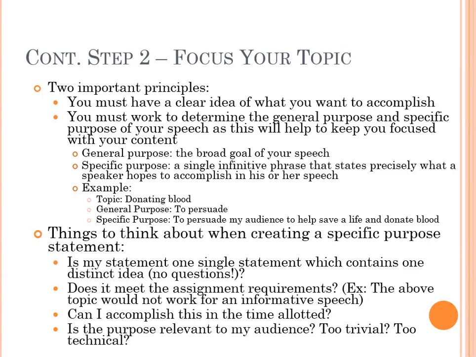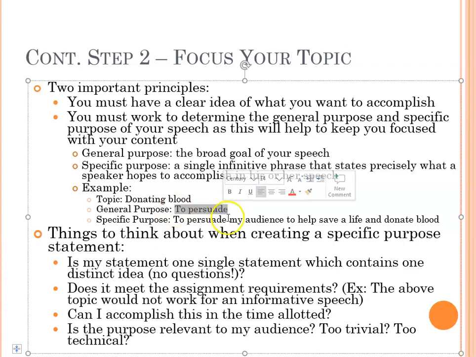Here's an example. If you're doing a persuasive speech on why you should donate blood, your topic might be donating blood. Your general purpose is right here: to persuade. And then the specific purpose, you're literally going to bring that down to persuade and then detail it a bit more: to persuade my audience to help save a life and donate blood.